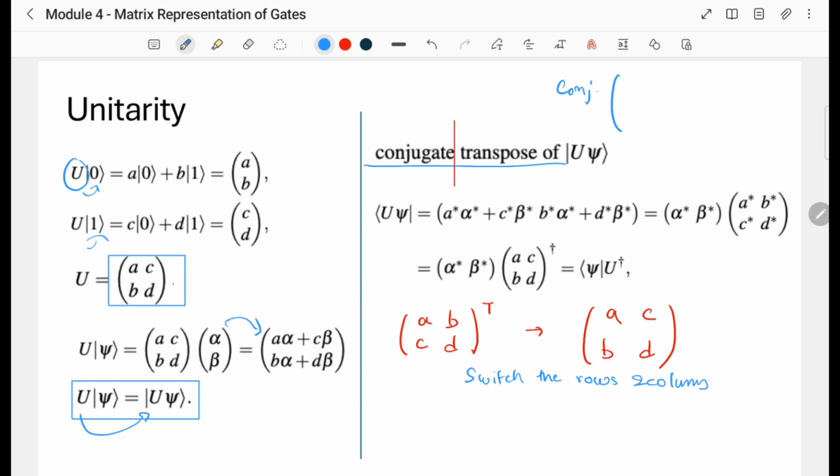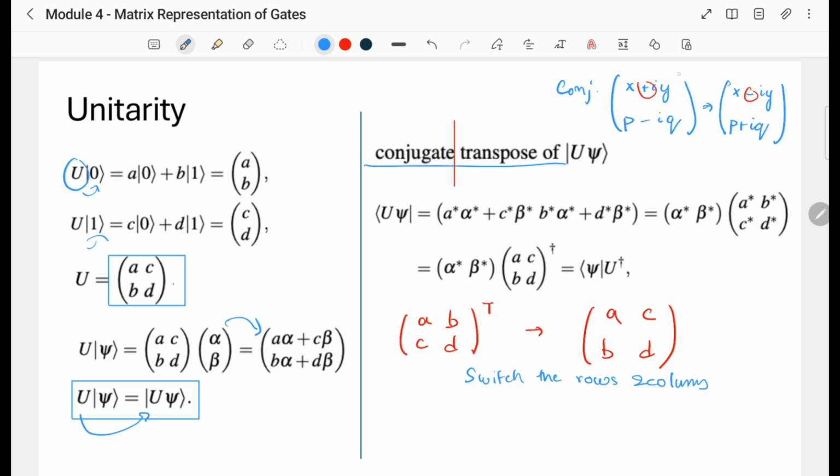And what's the conjugate? If there are any complex numbers present, let's for example take x plus iota y, and a different example, p minus iota q. When we take the conjugate of this matrix, it's just the conjugate, we are not transposing it. What we would get is x minus iota y, so the complex part flips, and p plus iota q. This is the conjugate.